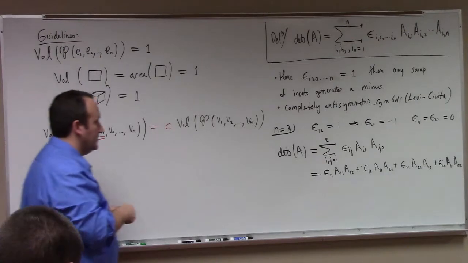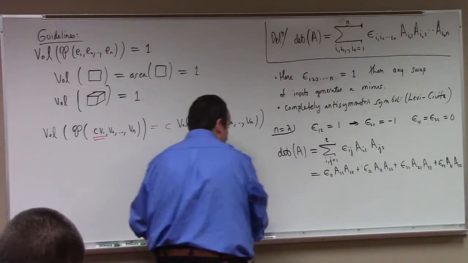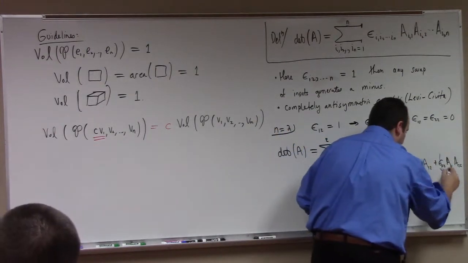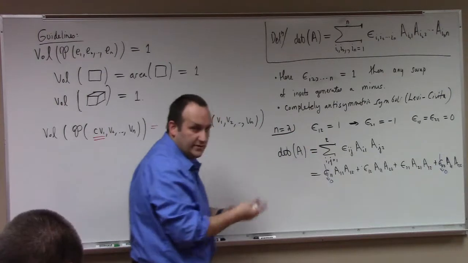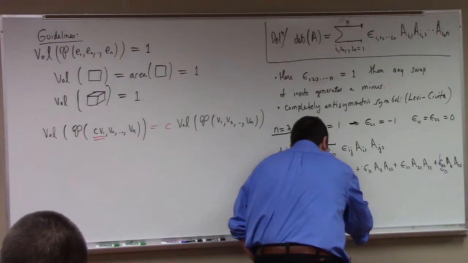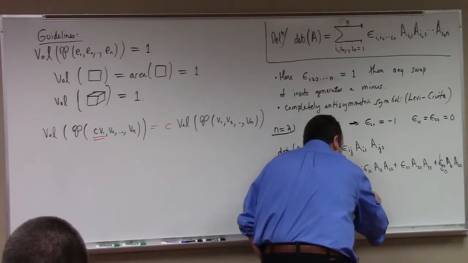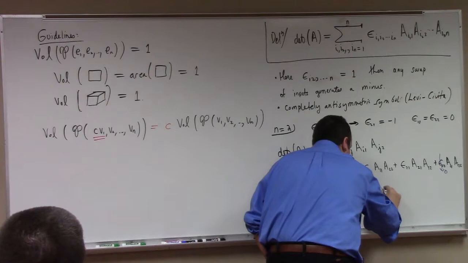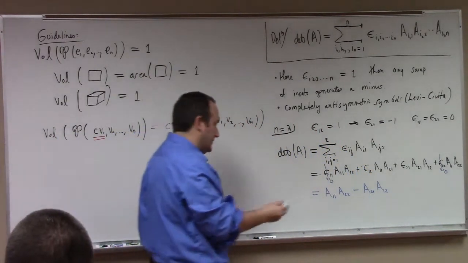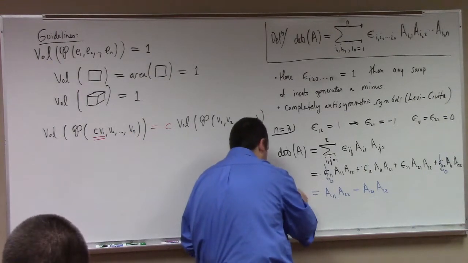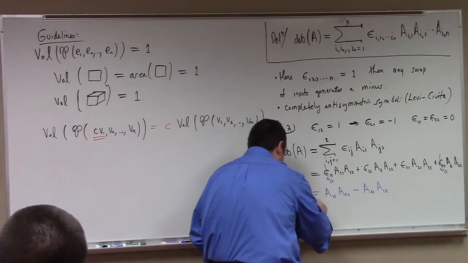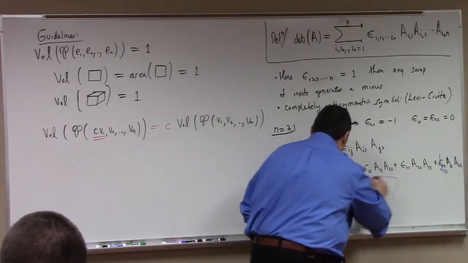Again, by definition, 1,1 is 0, 2,2 is 0, 1,2 is by definition 1. And so what we're looking at is a1,1, a2,2, minus a2,1, a1,2. You might recognize that from your other coursework, right? The determinant of the matrix a1,1, a1,2, a2,1, a2,2 is in fact that.